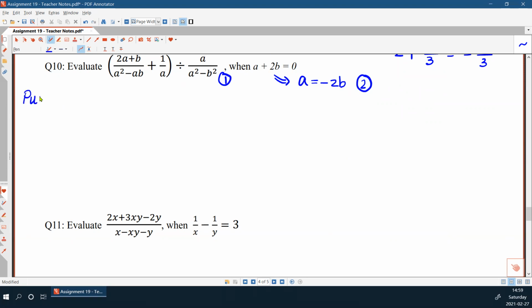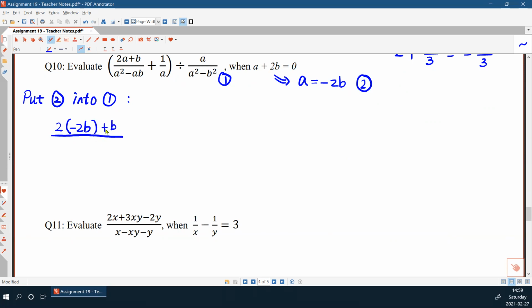So let's put 2 into 1. What will you get? Because A is minus 2B, right? So the first term is 2 times minus 2b plus b.